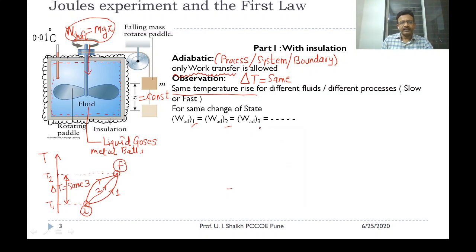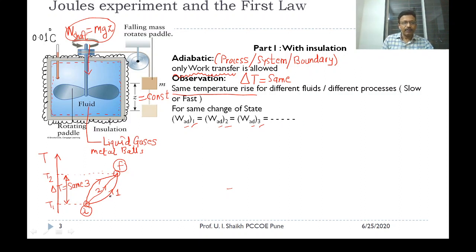Here I have added the suffix ad everywhere because by our observation in this system only work transfer is allowed, and as per our definition, if only work transfer is allowed, then the system is an adiabatic system. That's why I have written W adiabatic for path 1 is equal to W adiabatic for path 2 is equal to W adiabatic for path 3, and so on.